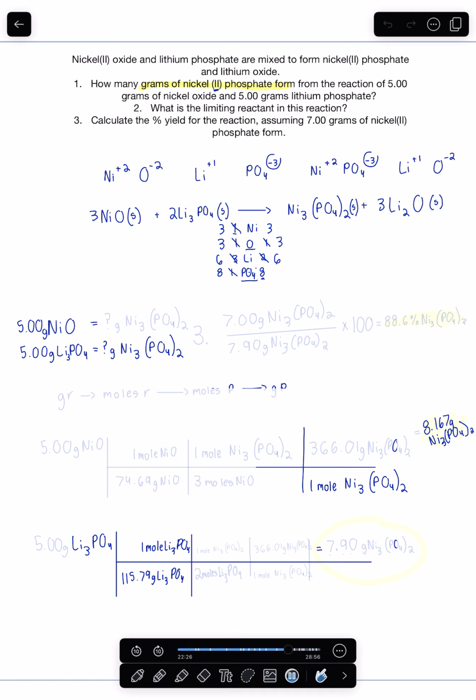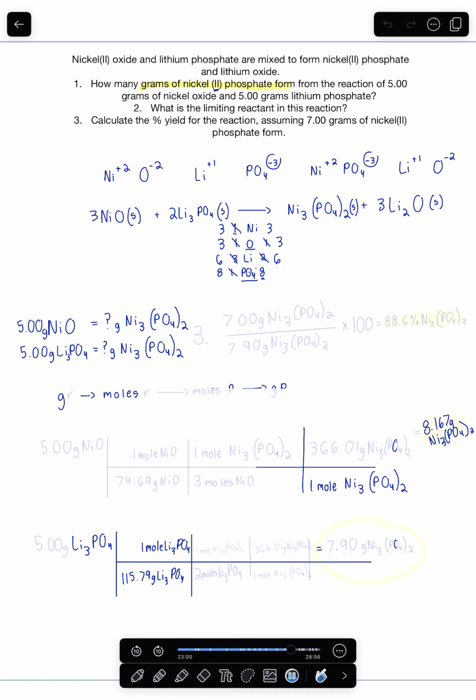And I'm going to write down both of these that we are looking for, just so that we have them organized. So I'm going to go ahead and do the lithium phosphate really quick as well.